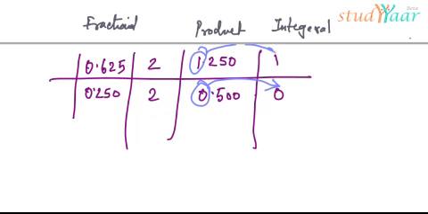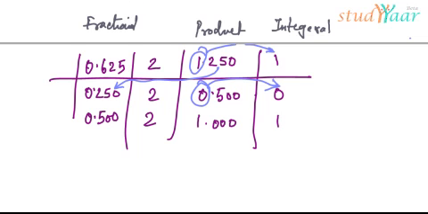Yeah, this over here. And what is 0.250? 0.250 is this. Okay, so next I'm going to write over here 0.500 multiplied by 2. What do I get? 1.000. What is the integral part? The integral part now is 1.